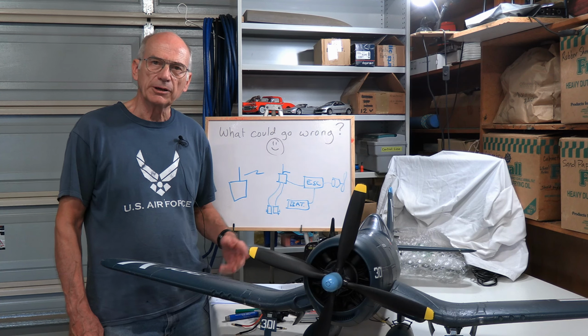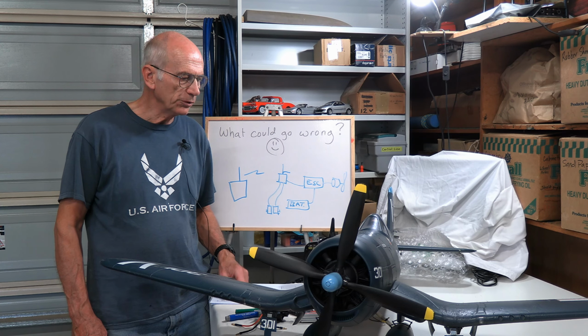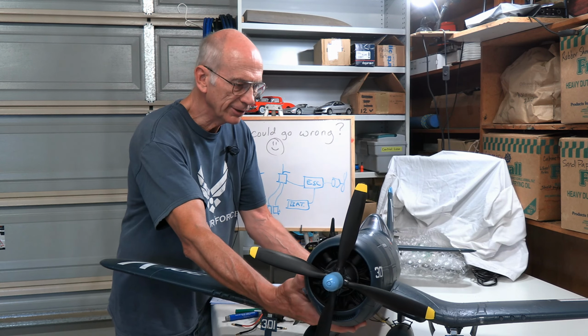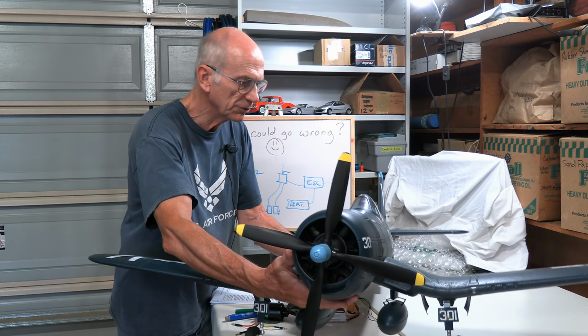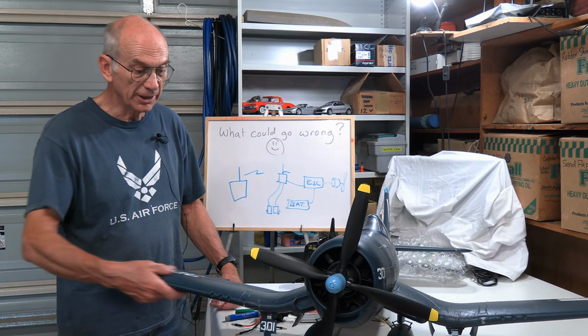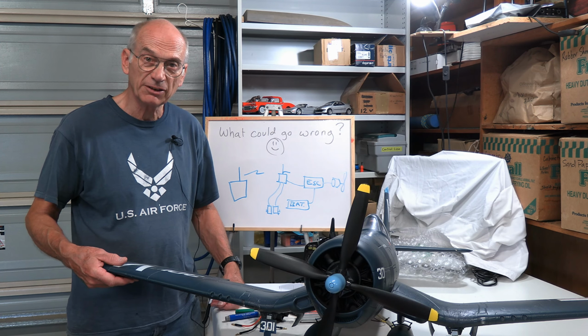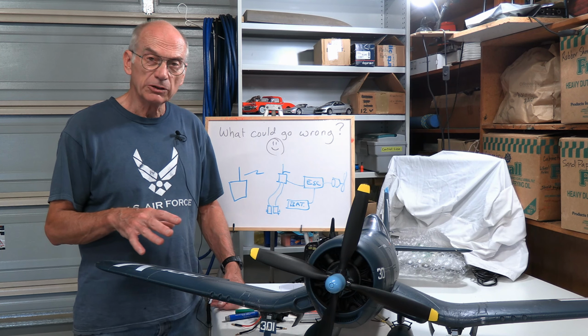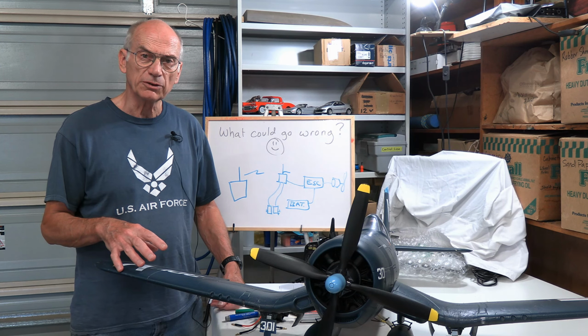Next, as we think about the aerodynamic failure modes, is high wing loading. Now, when you've got a rather heavy plane, and even though this is foam, it's still pretty hefty, depending on the size of the wings, you might have some pretty high wing loading. What that's going to do is give the plane different characteristics.